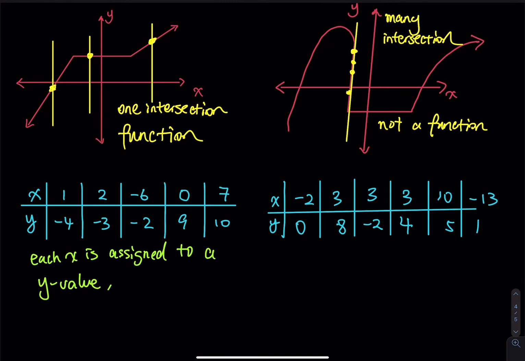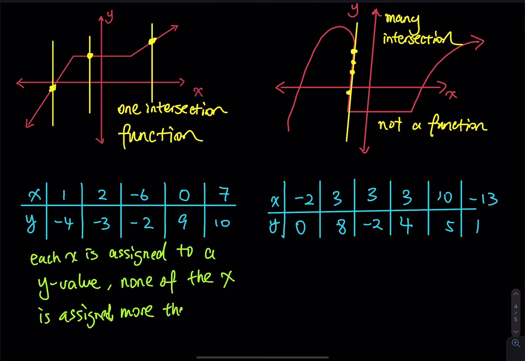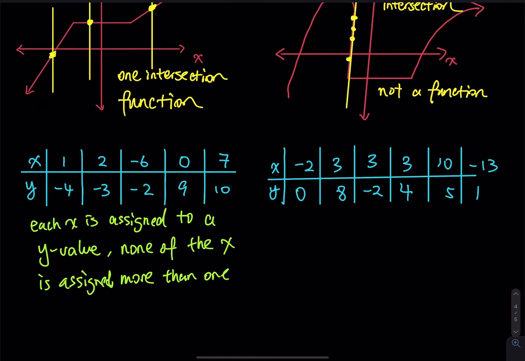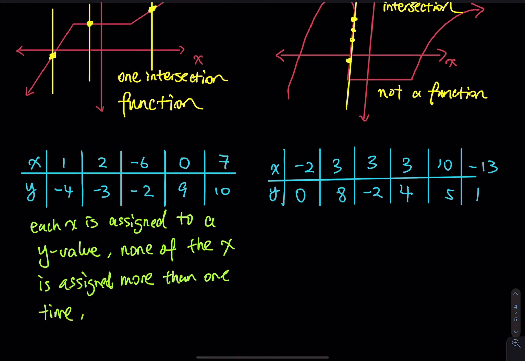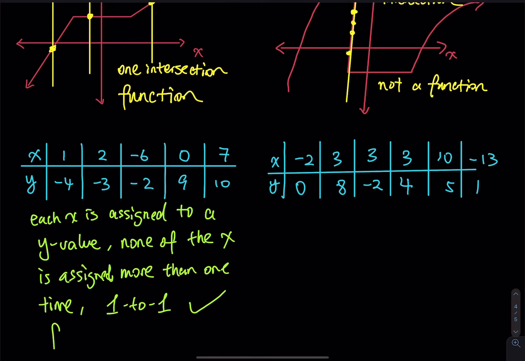I don't want to say no repetition because that word is pretty confusing. So I will say none of the x is assigned more than one time. How about that? So the one-to-one property is checked, then this is a function.